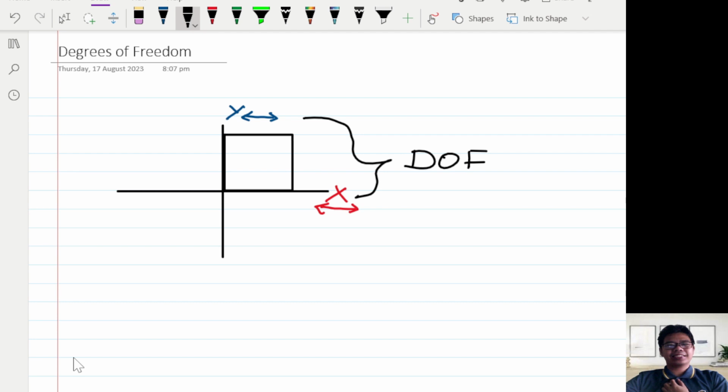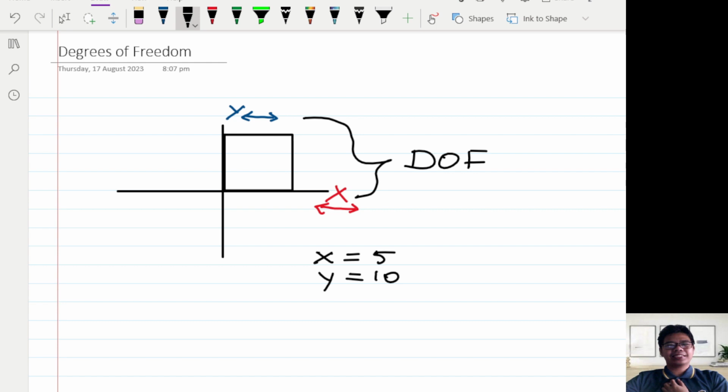This means that with these two variables, we can fully characterize and define the object's spatial properties. By assigning values to x and y, for example, if x is equal to 5 units and y is equal to 10 units, it will describe the position of our object.